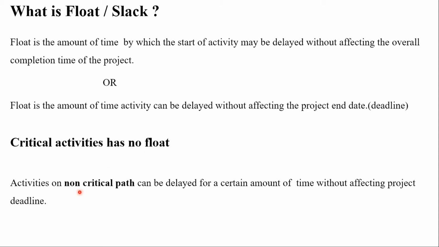So activities on non-critical paths can be delayed by a certain amount of time without affecting the project deadline. You can delay non-critical activities and still meet the project deadline, but you will not delay critical activities.